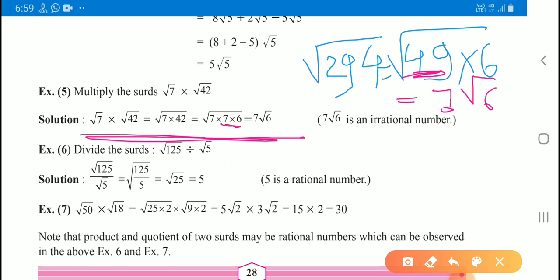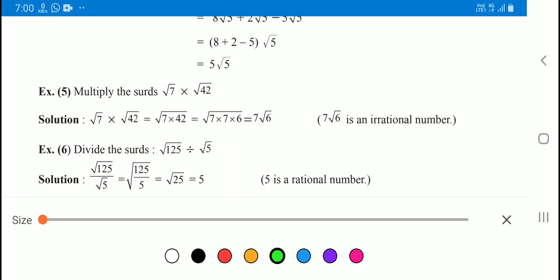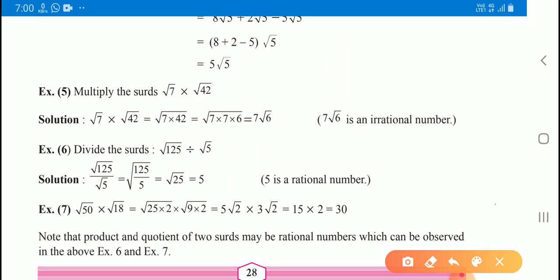Now we will go to the next example, that is the division example. You can see here they have given 125 divided by root 5. First of all you can convert it or you can factorize it. Otherwise, directly first write down the division and then take out from the bracket like this.